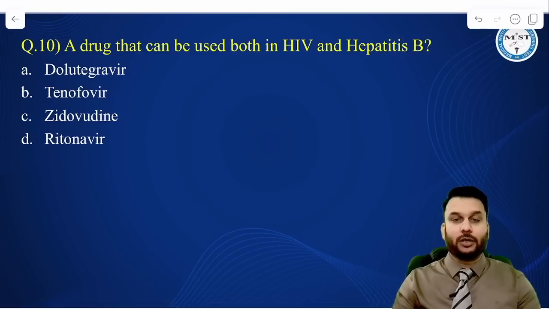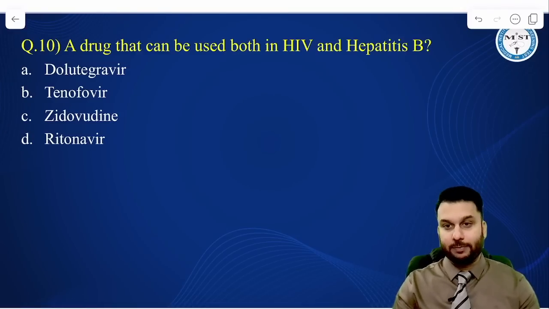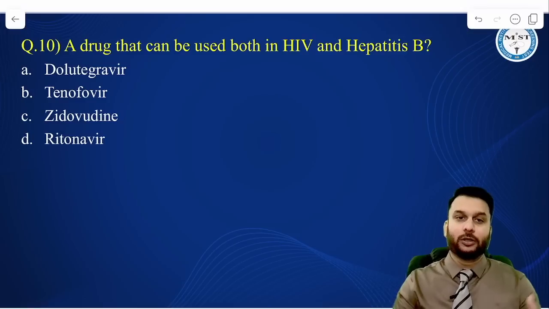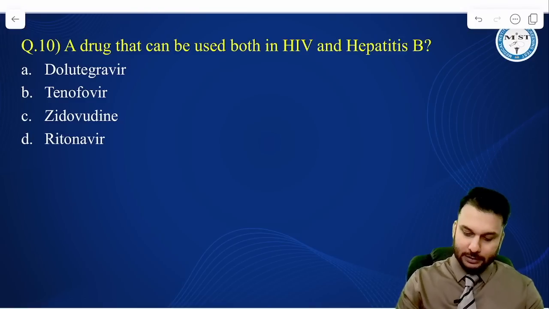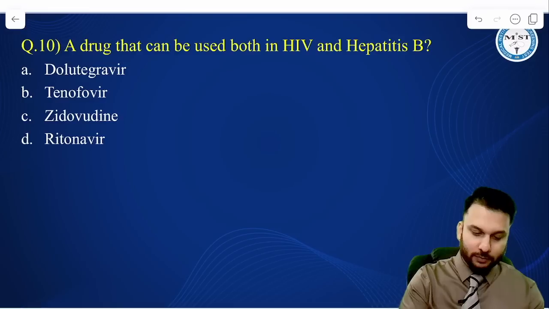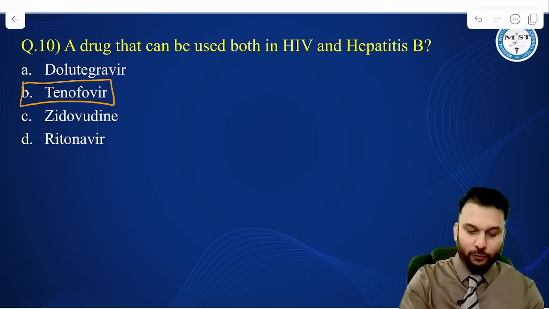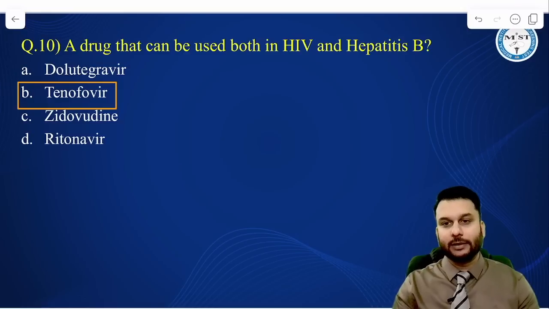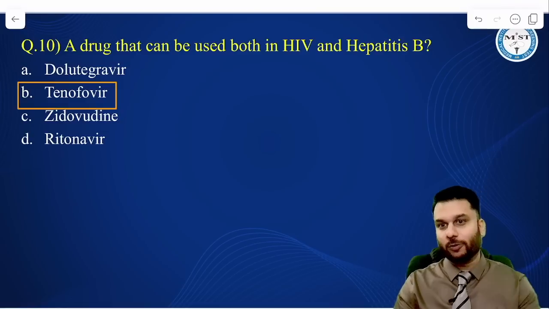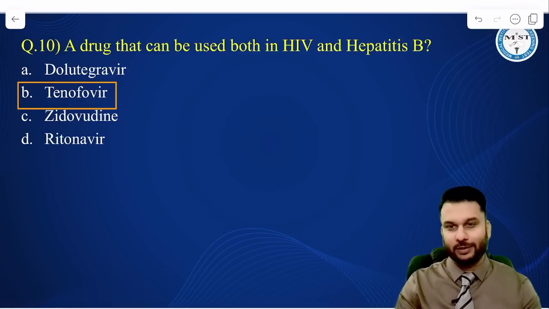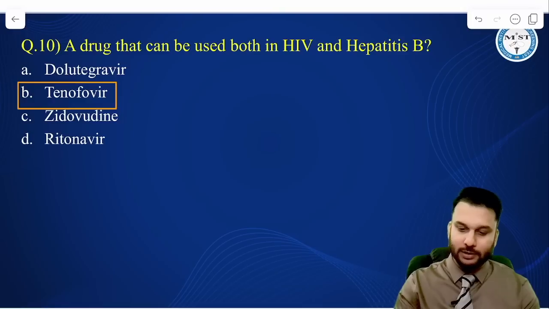Next, a drug that can be used both in HIV as well as hepatitis B. All right. So guys, you got to remember that from the given list, one drug called tenofovir is the one that is used for hepatitis B. Apart from HIV, it's also used for hepatitis B. See, there was a hint I used to give you during classes.